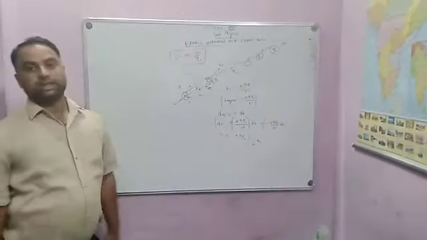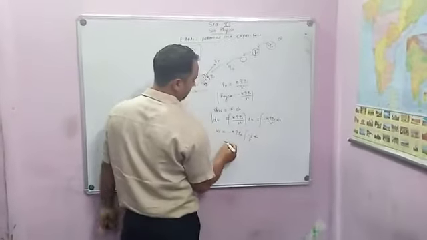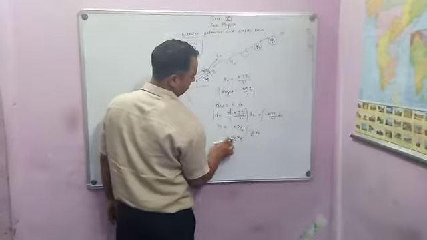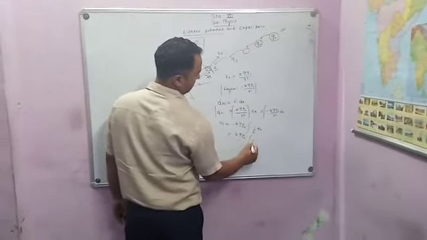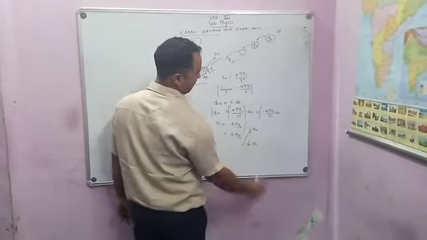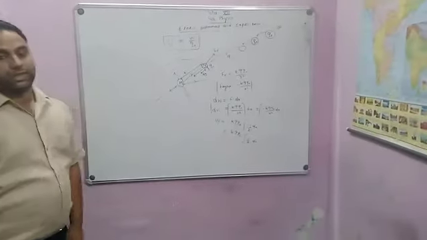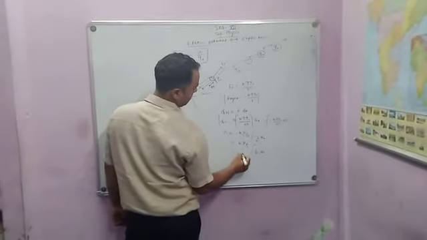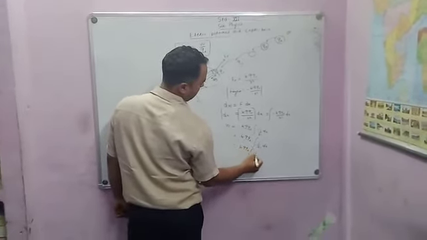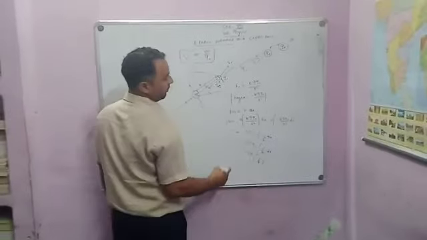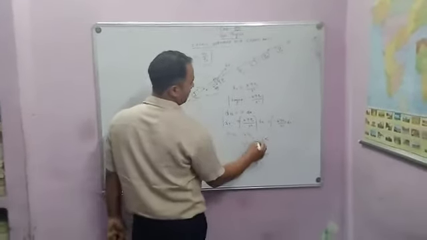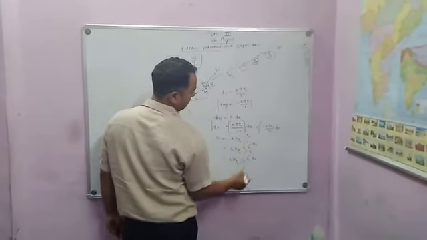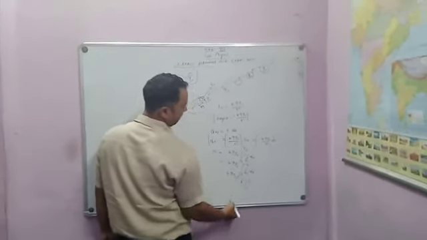The minus sign is taken outside. Using the integration, this gives Q naught times minus 1 by x, and the limits are taken from r1 to r2.